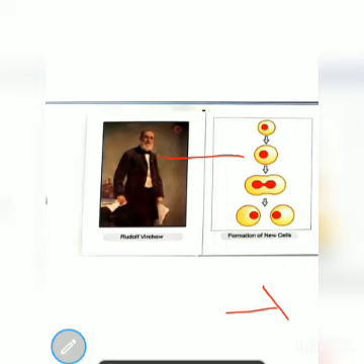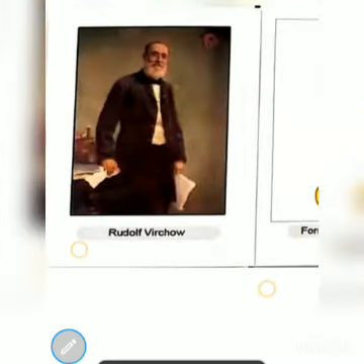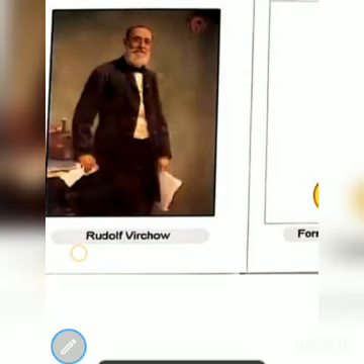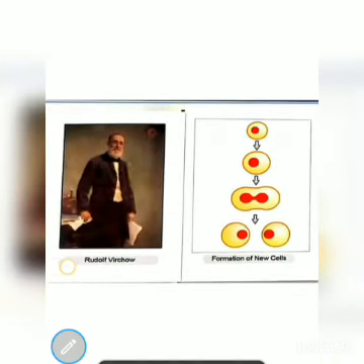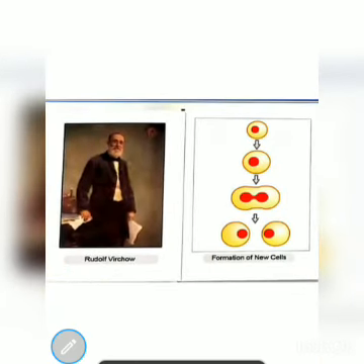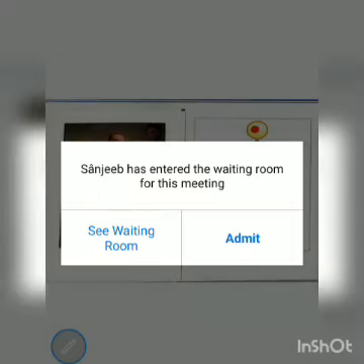Now listen. Initially in 1838, Matthias Jakob Schleiden came, and after one year Theodor Schwann came to put forward the cell theory. After some years, nearly 1855, Rudolf Virchow came, and he said that all living cells originate from pre-existing living cells.